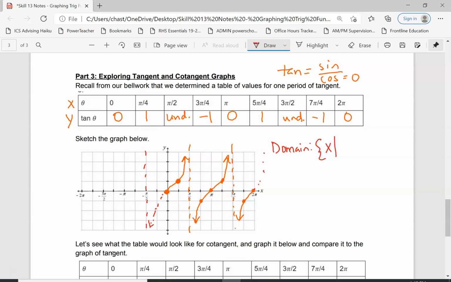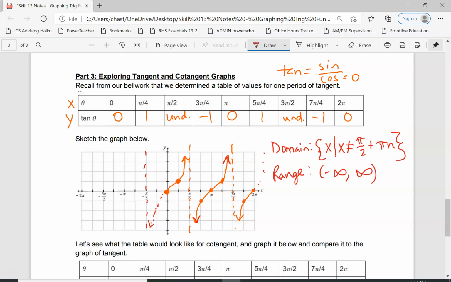So let me write that: x such that x cannot be pi over 2 plus pi n. So it's always the pi over 2's adding pi to each one that we can't have a value of. Range, however, notice the arrows on both ends. So the range is unrestricted. Haven't seen that one before.